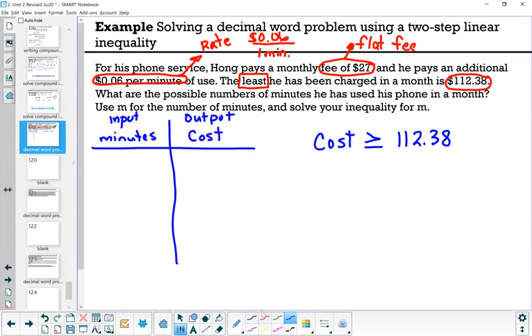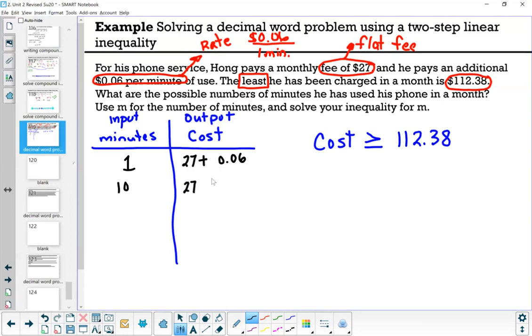If we input 1 minute, Hong uses his phone for 1 minute. Hong's cost is going to be $27 plus 6 cents. All right, what about 10 minutes? Hong's cost is going to be $27.